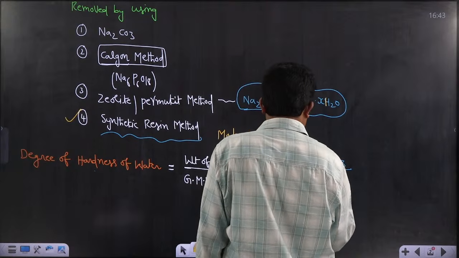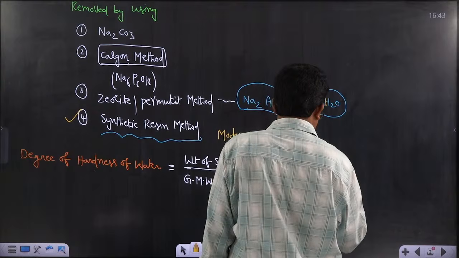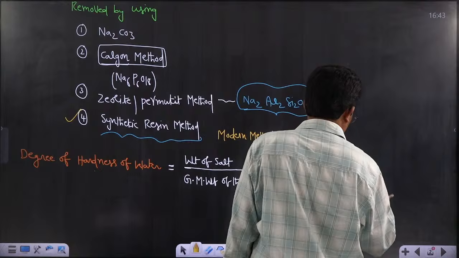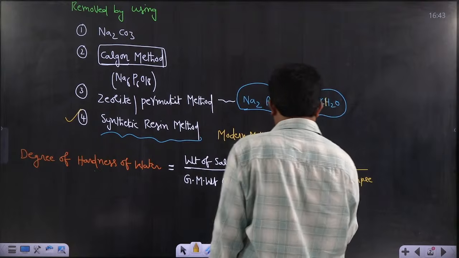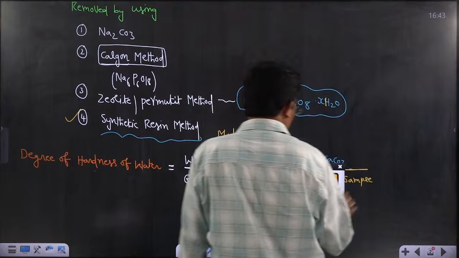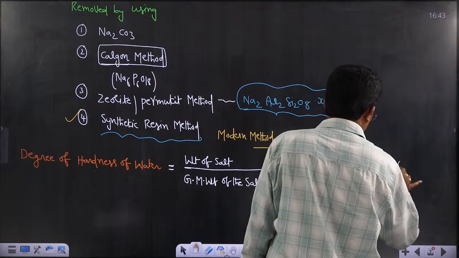divided by the weight of the water sample, multiplied with 10^6. ppm means parts per million, 10 power 6.